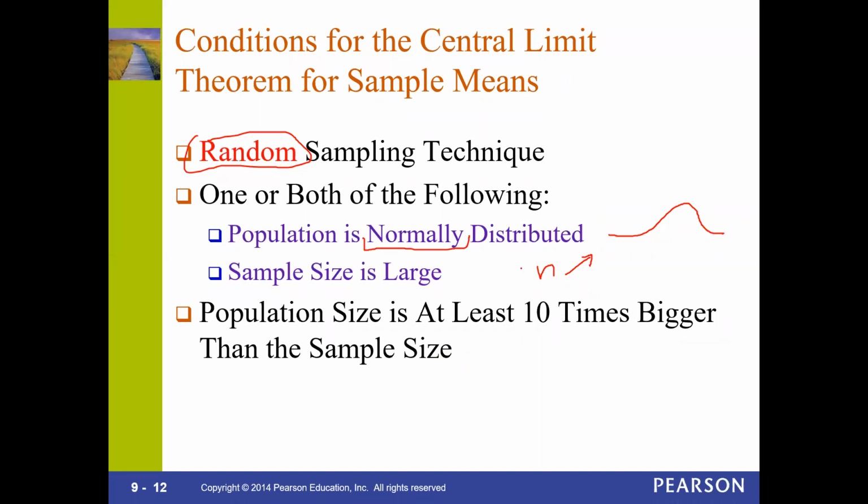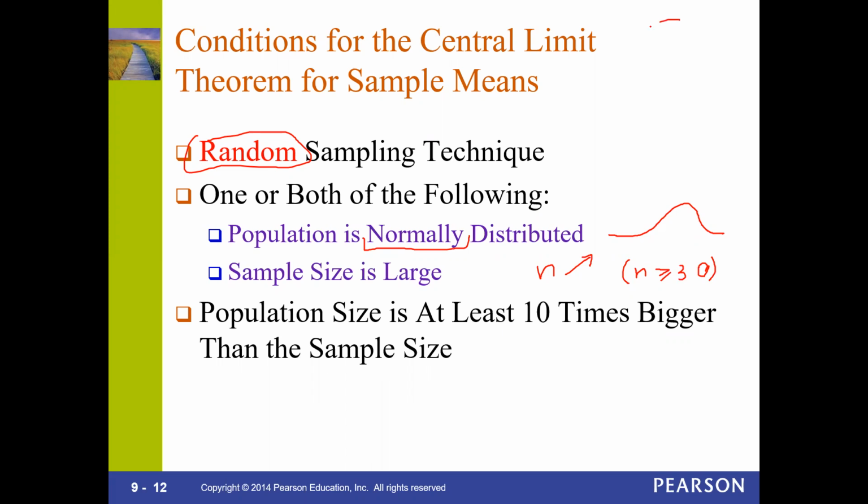Okay, so sample size is large. Let me just put it down here. I'm going to talk about the other one. Usually, n must be greater than 30. Okay, greater than 30 is going to be something like that. We're going to be talking about that one later on. That means this is large.